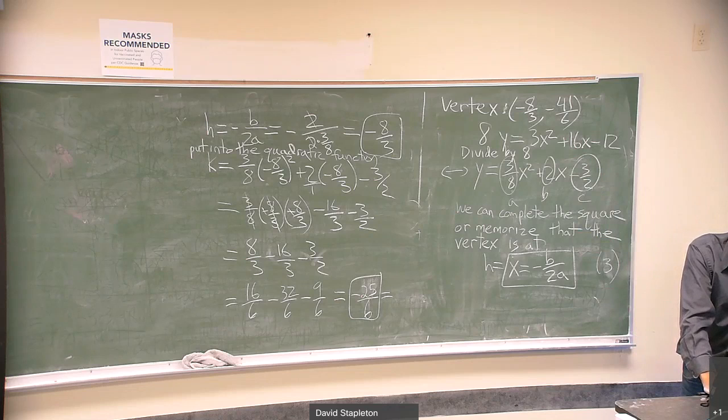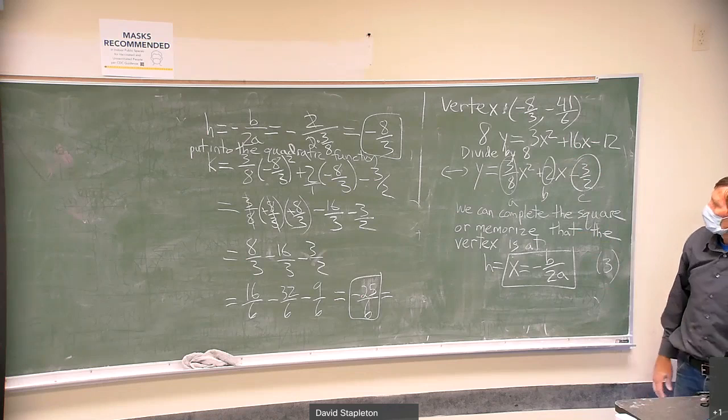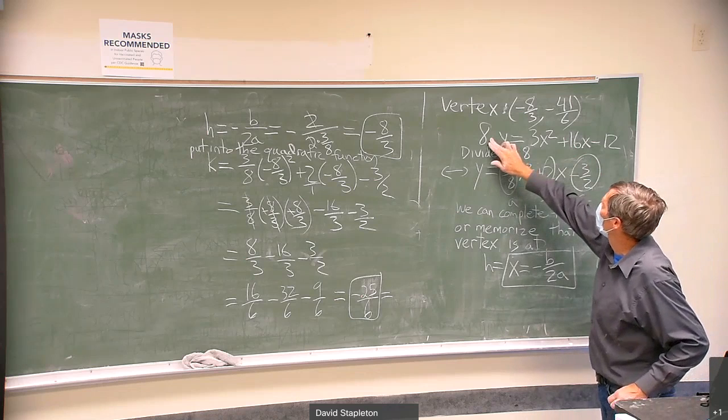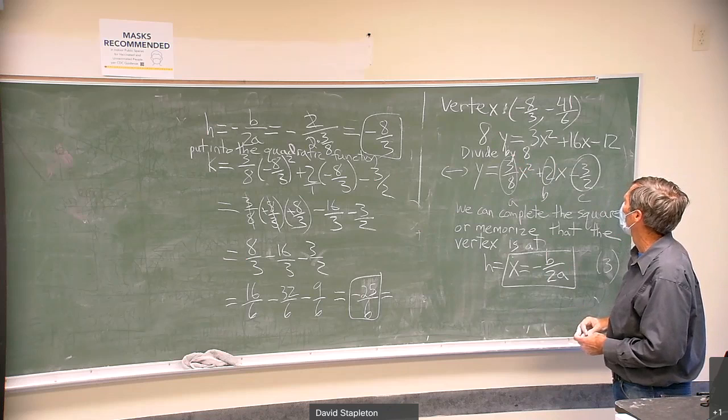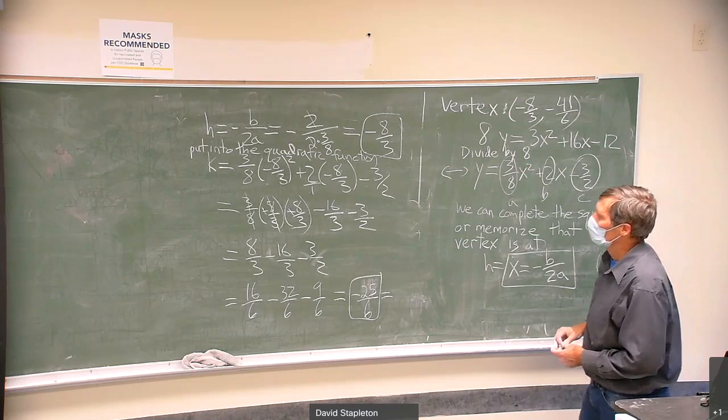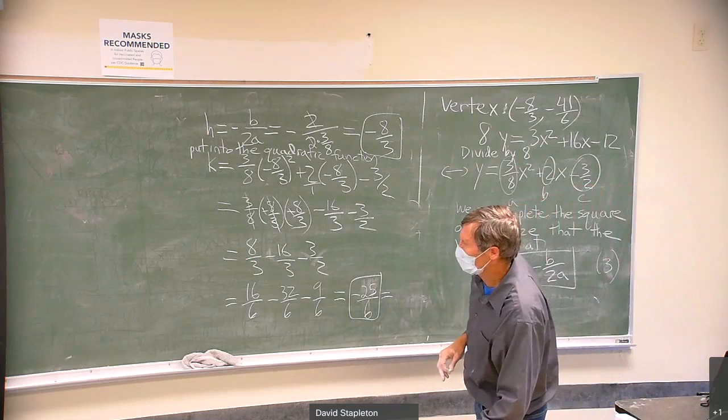Let's see, hold on. I see what's going on. I had an 8 here and they don't. I just did a different problem. How did I get a different problem?